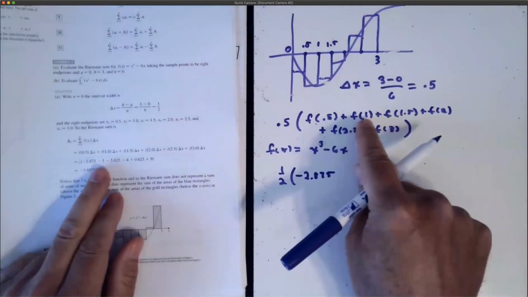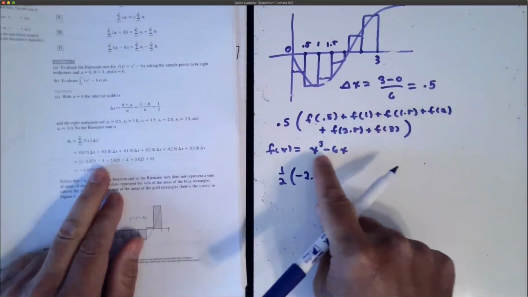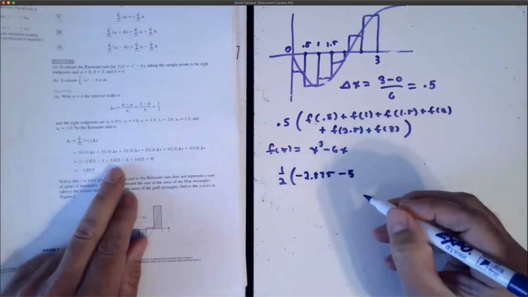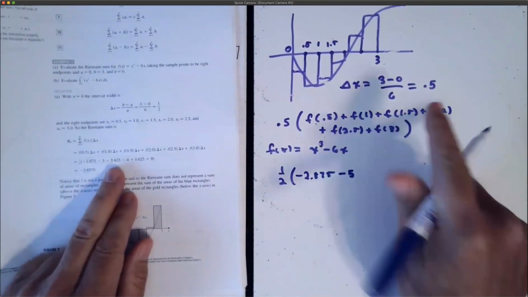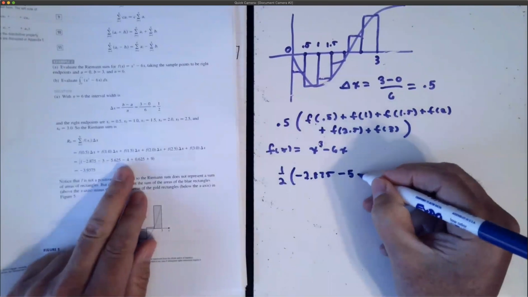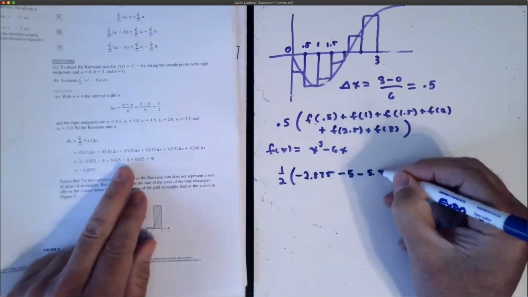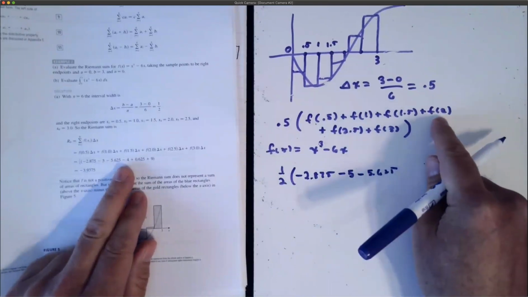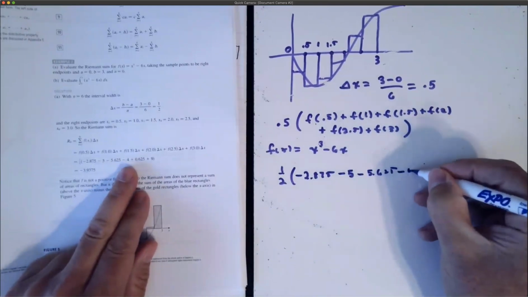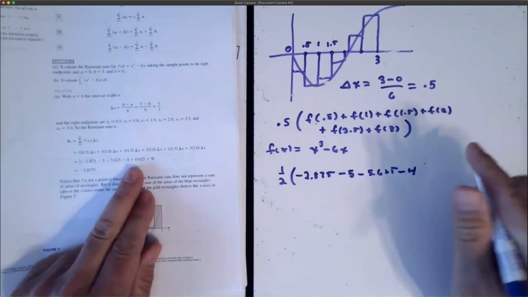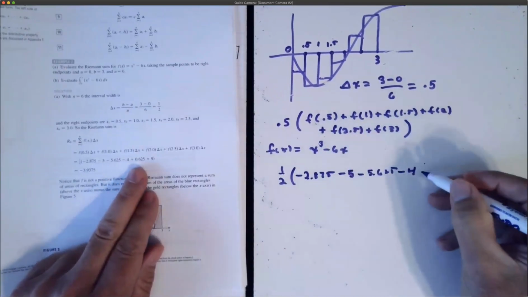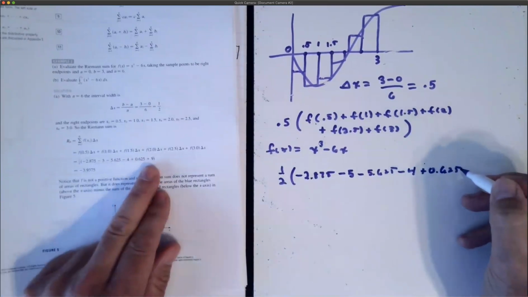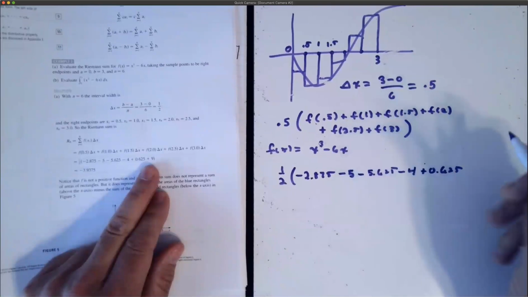When you plug in 1, you of course get 1 minus 6, which is minus 5. When you plug in 1.5, you will get negative 5.625. When you plug in 2, you should get minus 4. When you plug in 2.5, you should get a positive number, 0.625. And when you plug in 3, you should get 9.